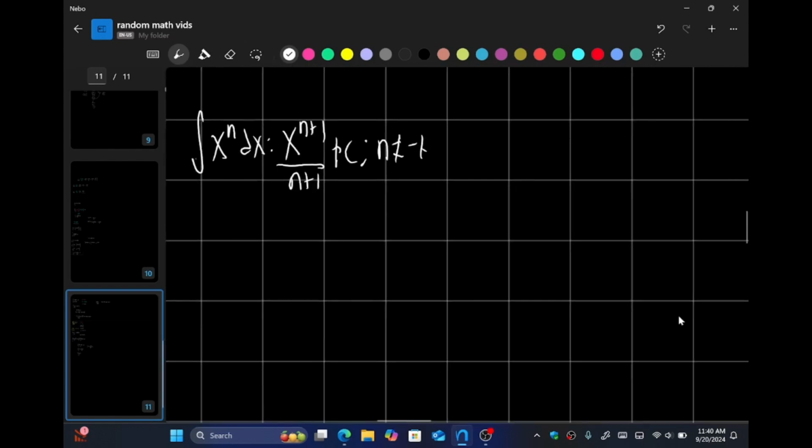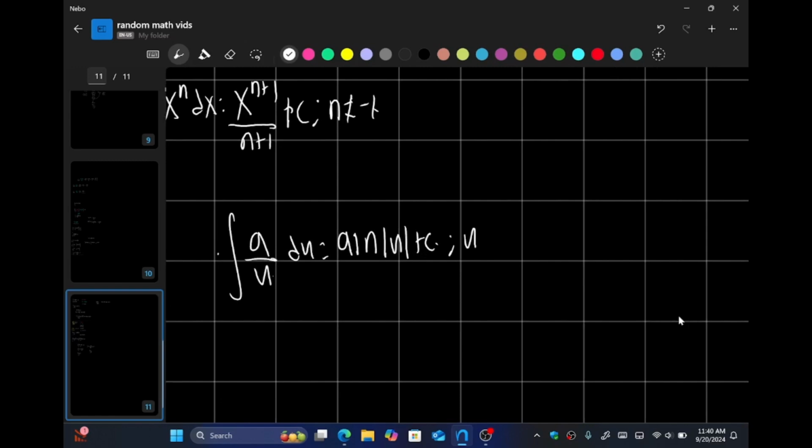Okay, and also the integral of a over u du is going to be natural log of the absolute value of u plus c, such that u is greater than 0, right?